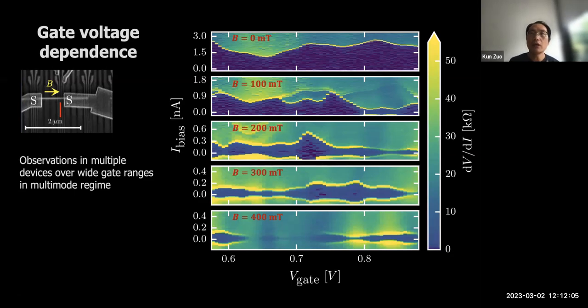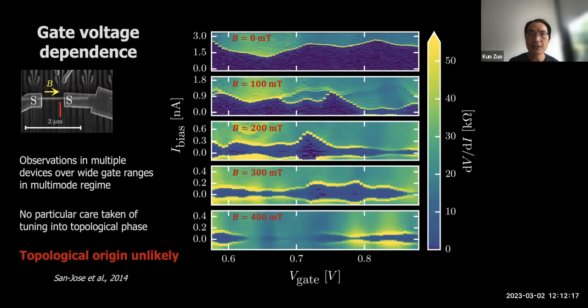I want to point out that this observation has been measured in multiple devices over very wide gate ranges in the multiple mode regime. And because we didn't particularly take care of tuning the device into the so-called topological phase or topological regime, I don't believe we have any topological origin of the supercurrent oscillation in this behavior.